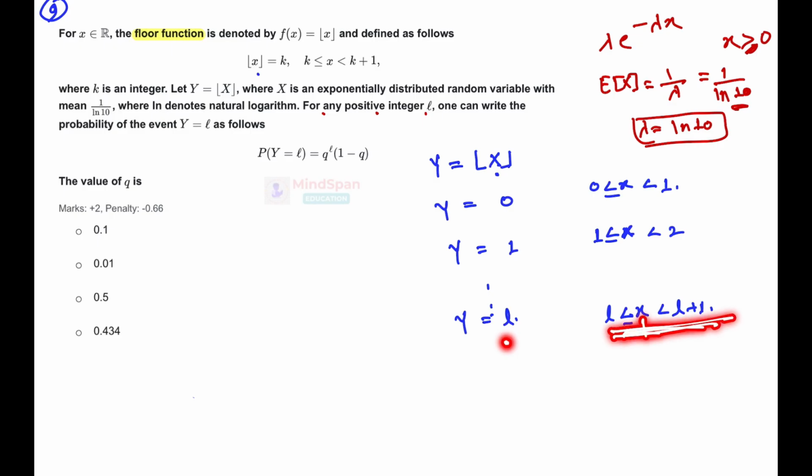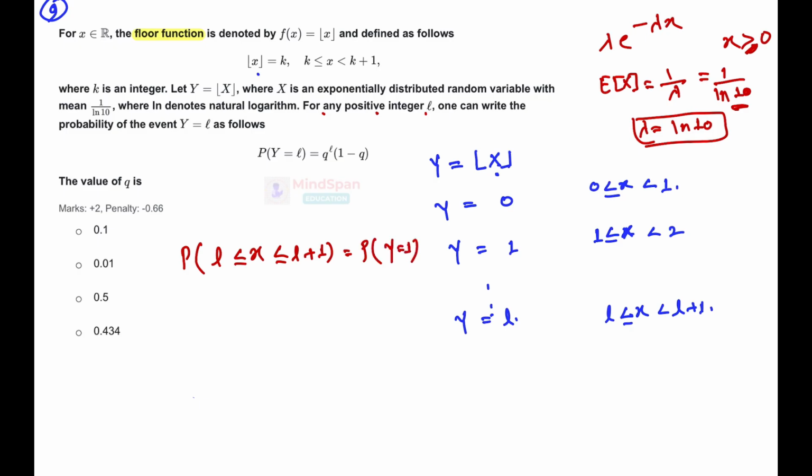And we know everything about this random variable x, right? So if we find the probability of this event, then we will get to know the probability of this event. So let's try to find the probability that this random variable x takes the value from l to l plus 1, and that will be equal to happening of this event, that is y takes the value l.